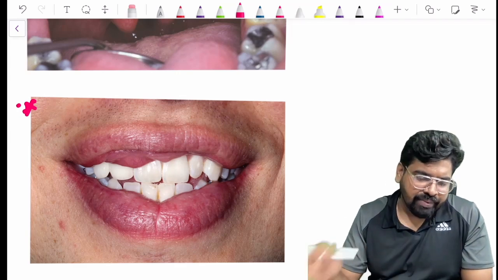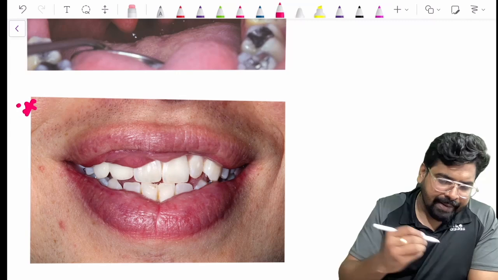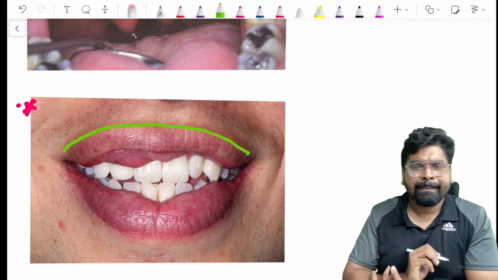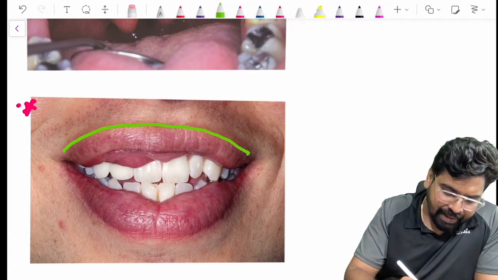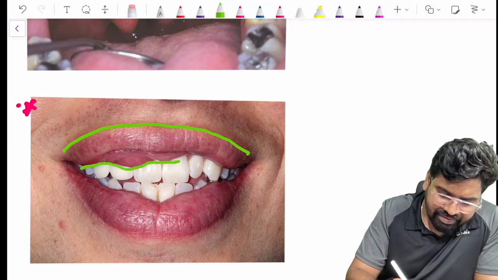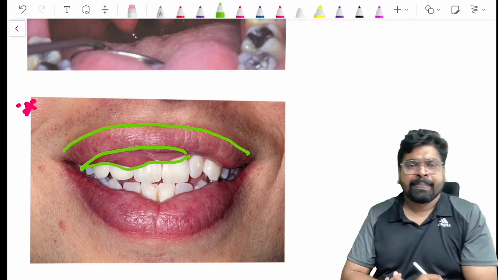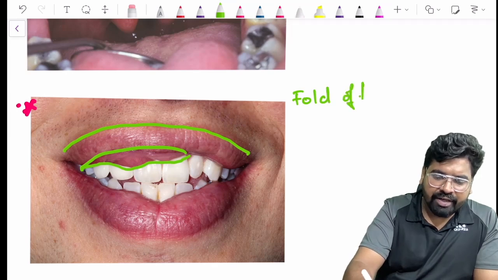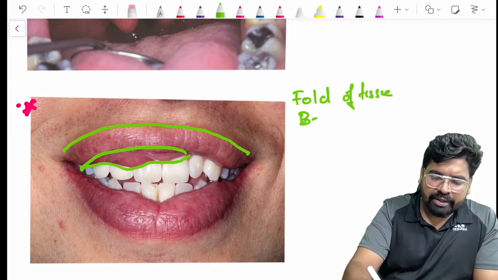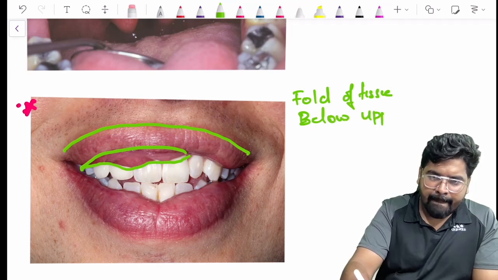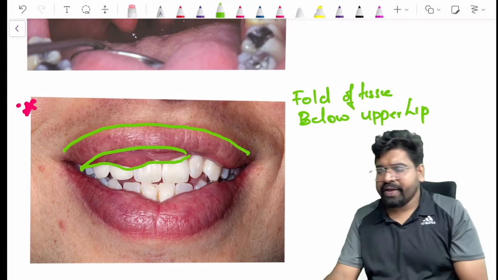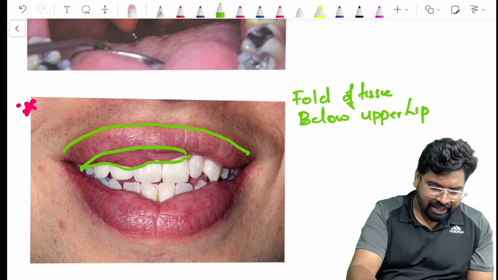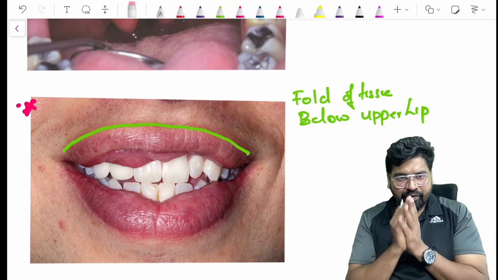In that picture, this person has lips, see the upper lip, and below this upper lip you can see a fold of tissue. So we have an extra fold of tissue below the upper lip, and it is very evident when the person is smiling.